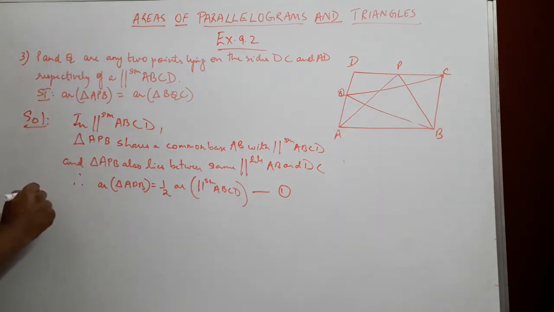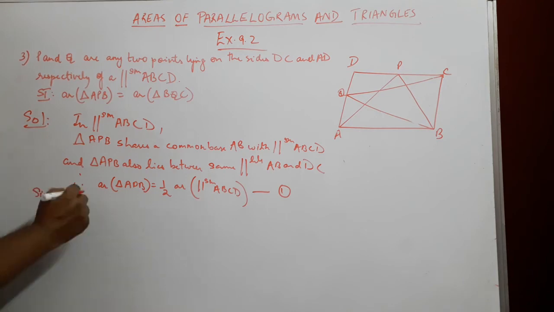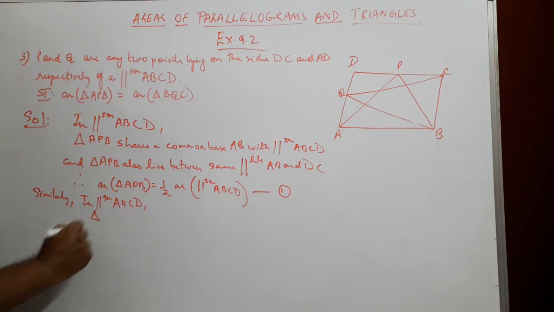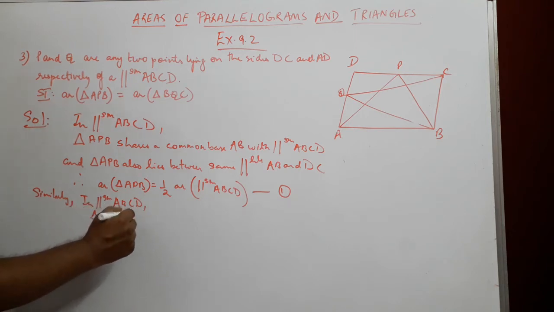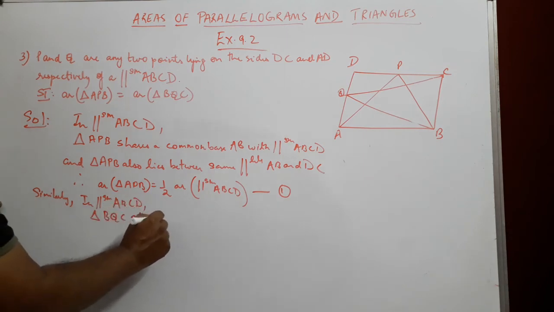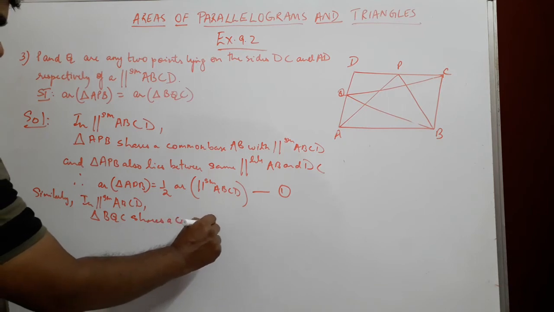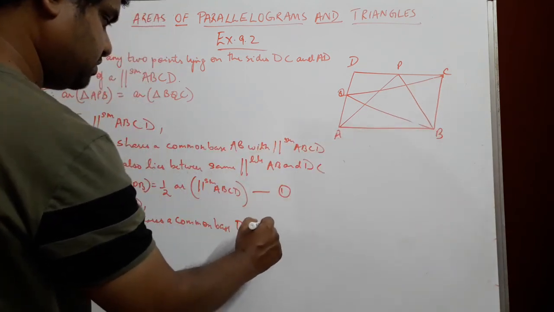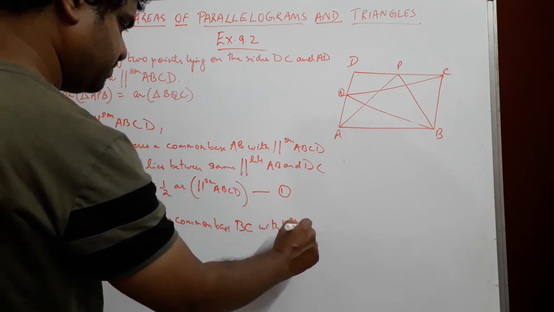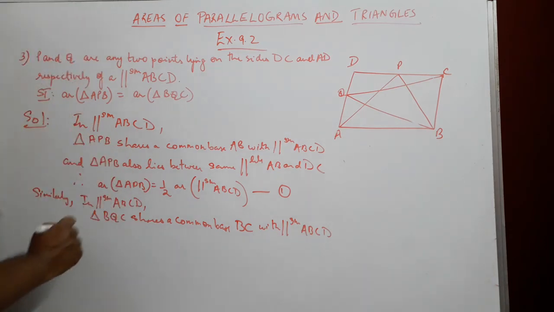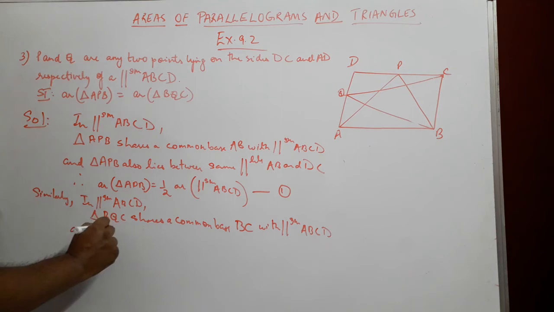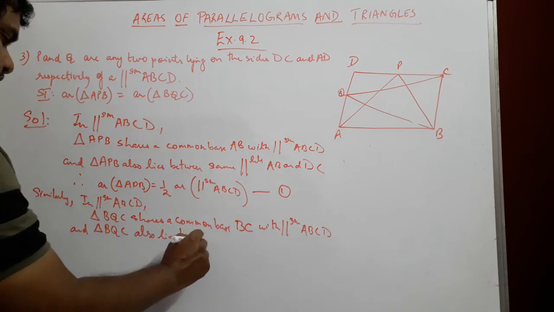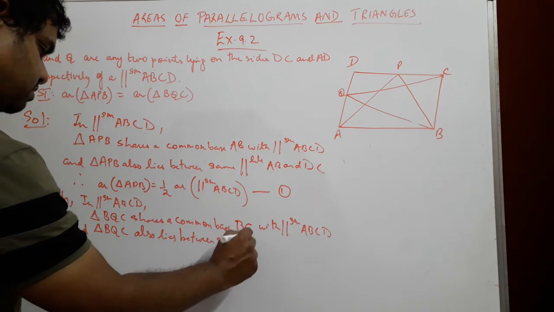Similarly, we apply the same knowledge. Similarly, we can say in parallelogram ABCD, this time we are looking at triangle BQC, it shares a common base, this time the common base is BC, with parallelogram ABCD, and triangle BQC also lies between same parallels.